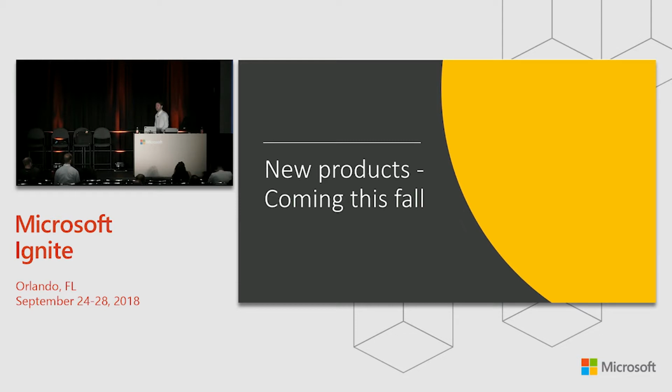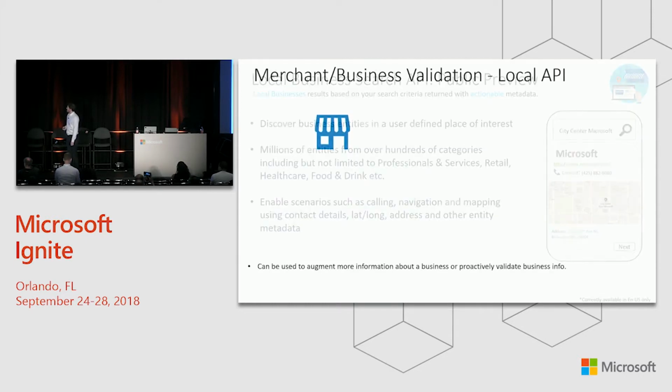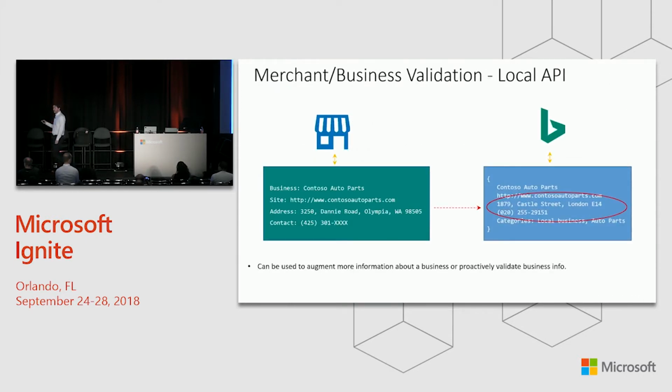So, some new products. We've got some additional items coming out, and we are adding to our set of cognitive services a local business API. We have a public preview of that so that you can do things like this. So say I'm getting business input into my forms, I can use the local API to validate it.